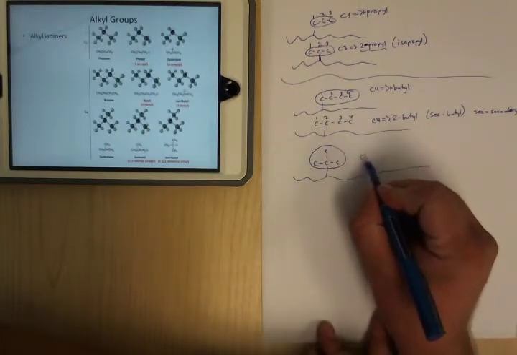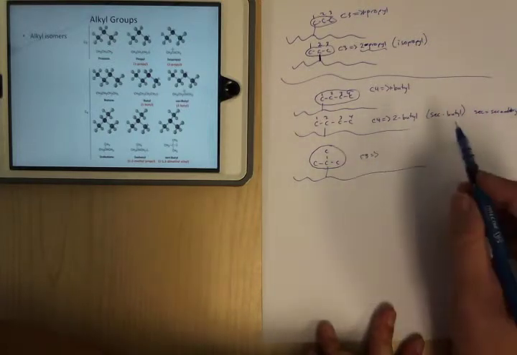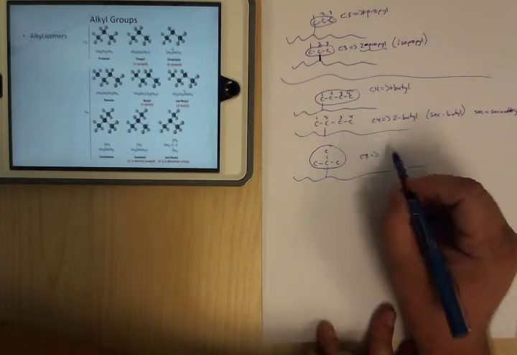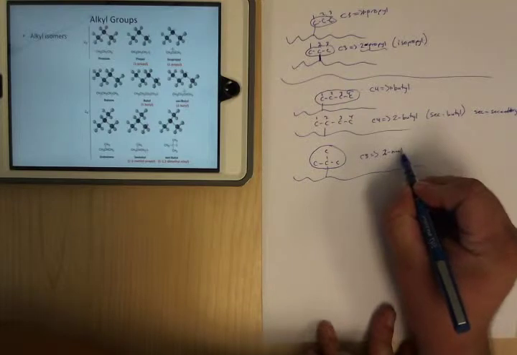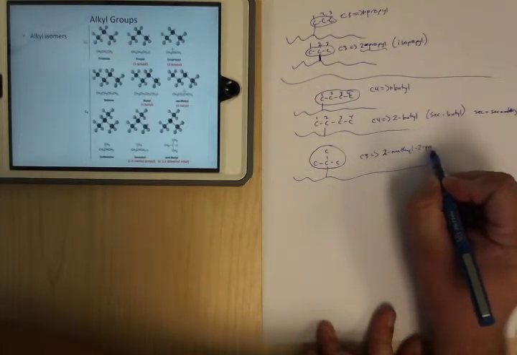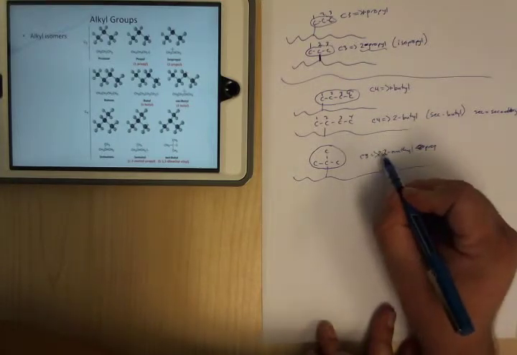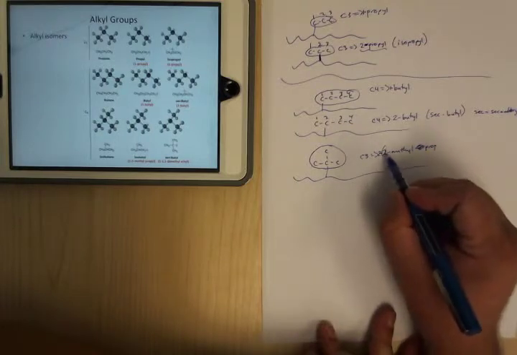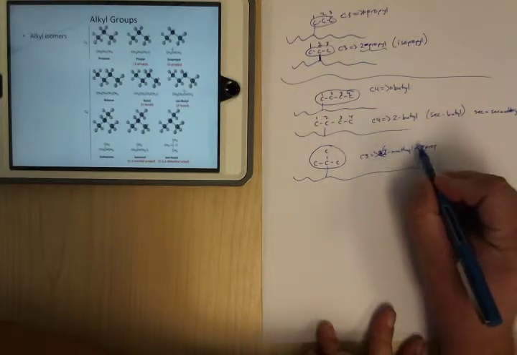So this one is technically, and we'll talk about this more when we do the proper naming, actually 2-methyl, 2-propyl.